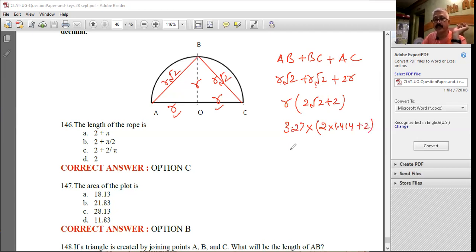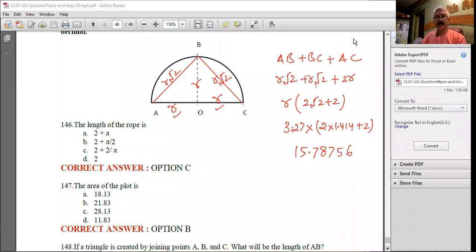After calculating, you will get this value: 15.78756. I'm using a calculator. So 3.27 into, by putting the value of root 2 as 1.414, plus 2. So it is 15.787. Correct.